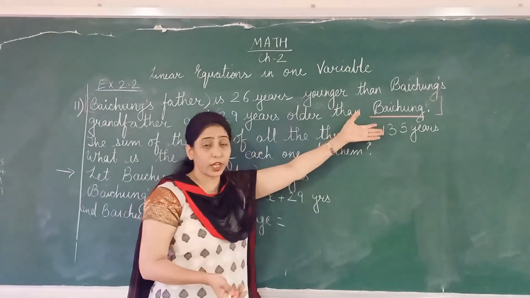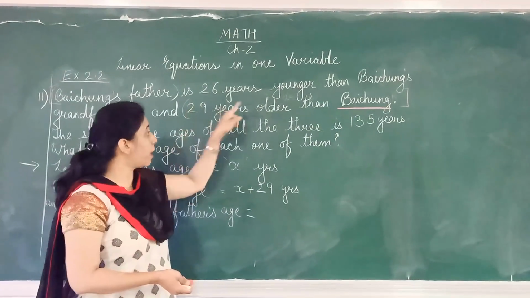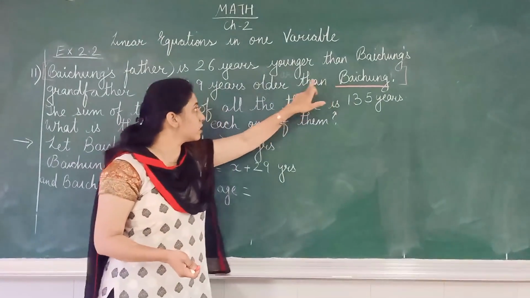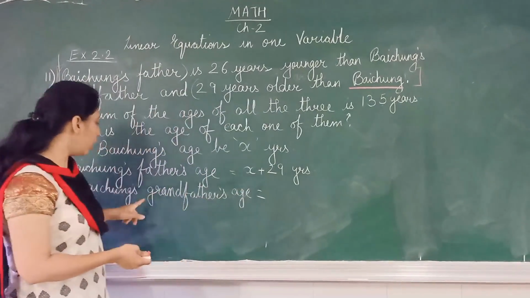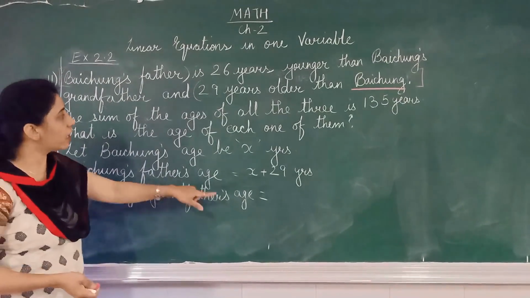From this part you can frame an expression, x plus 29. Now what will be Baichan's grandfather's age?